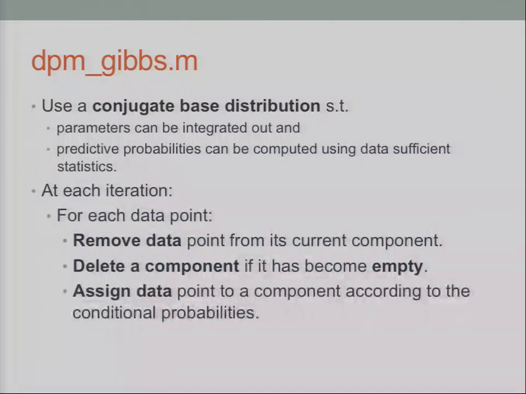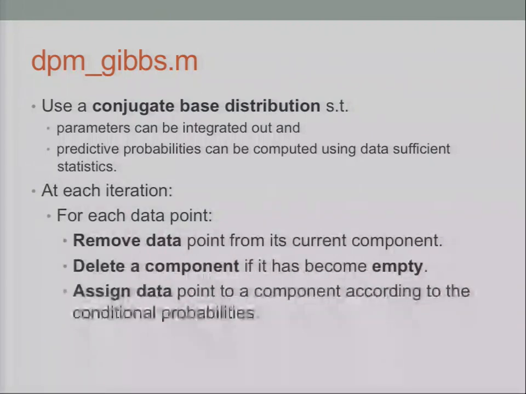Okay? And similarly, if you have discrete data, if you're using multinomial distribution, for example, to model your data, then the Dirichlet distribution is the conjugate distribution for the multinomial, so that you would use a Dirichlet multinomial model for that.